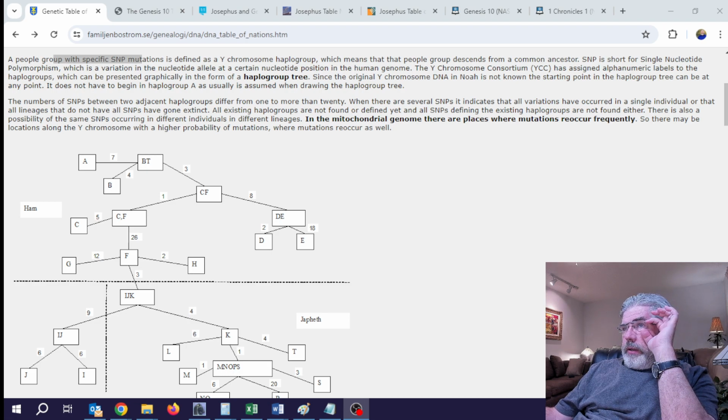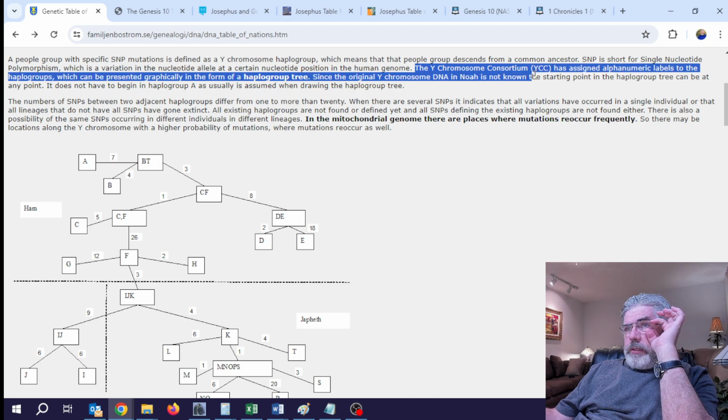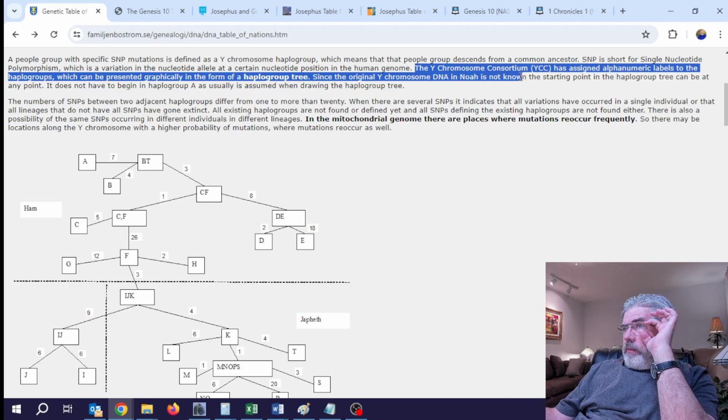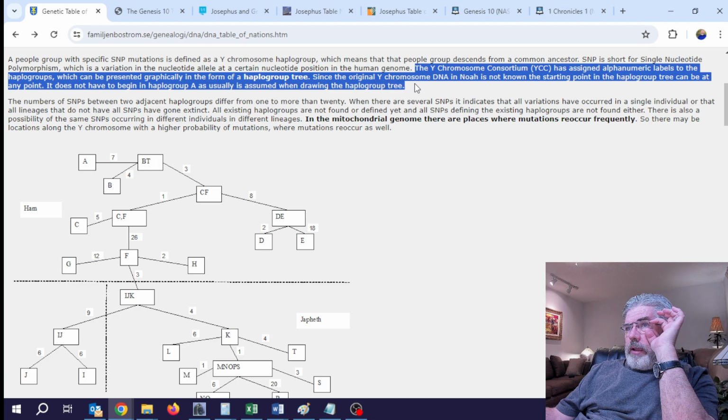Okay, so here it is. The Y chromosome consortium, YCC, has assigned alphanumeric labels to the haplogroups, which can be presented graphically in the form of a haplogroup tree. Since the original Y chromosome DNA in Noah is not known, the starting point in the haplogroup tree can be at any point. It does not have to begin in haplogroup A, as usually is assumed when drawing the haplogroup tree.